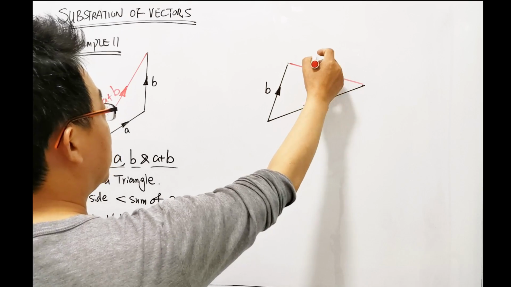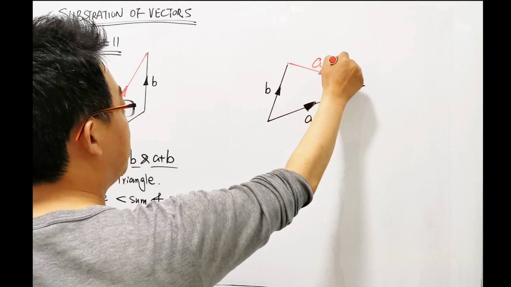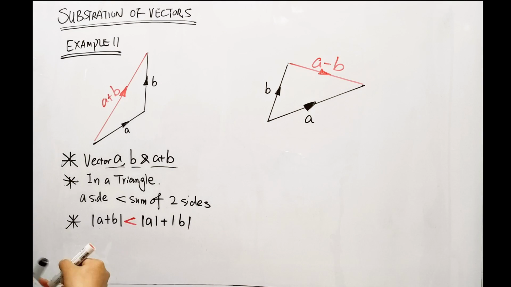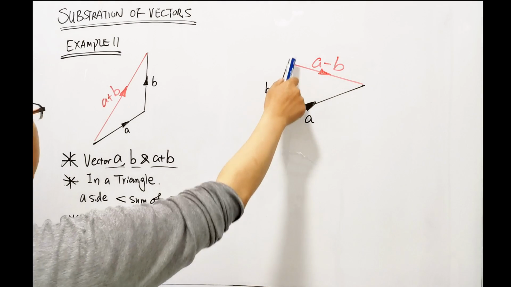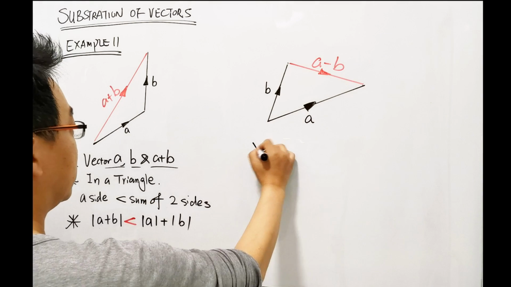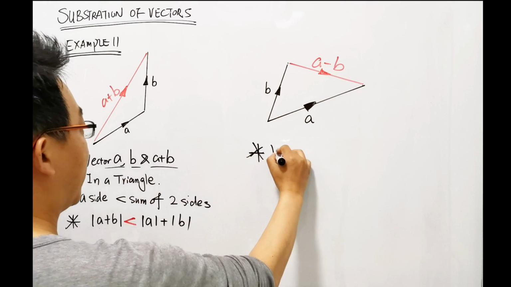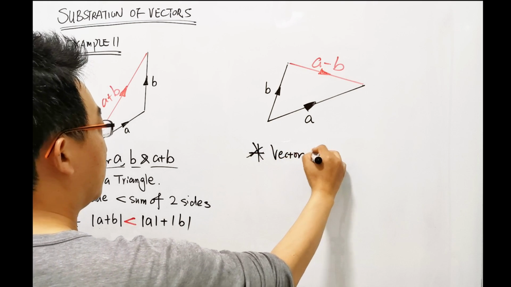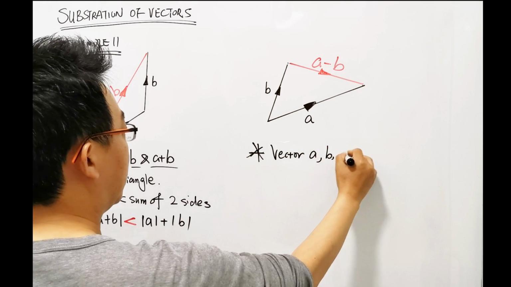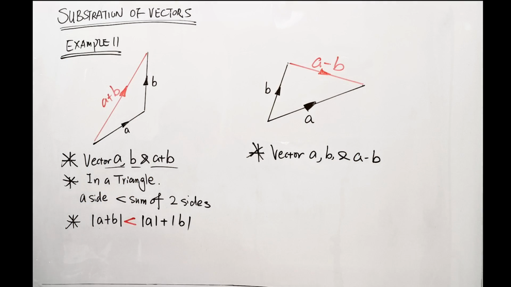So from here we know that this is A minus B, right? Use the subtraction we just learned from the previous lesson. So in this triangle, we have vectors A, B, and A minus B, right?